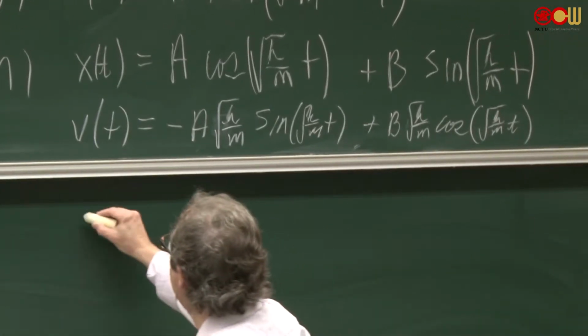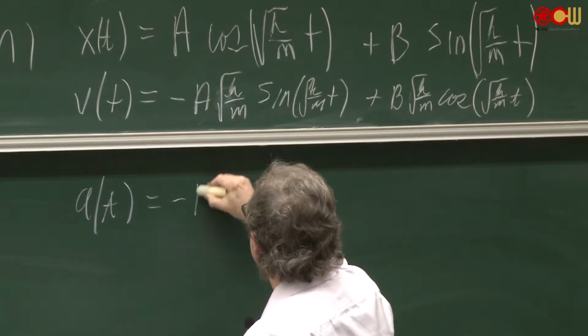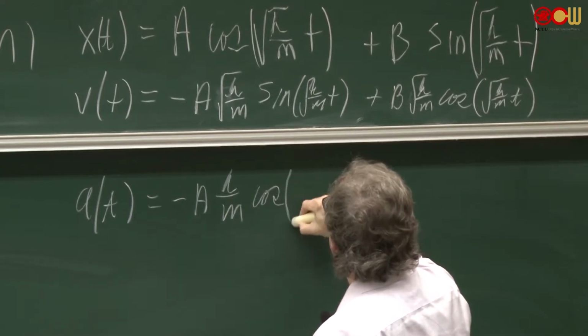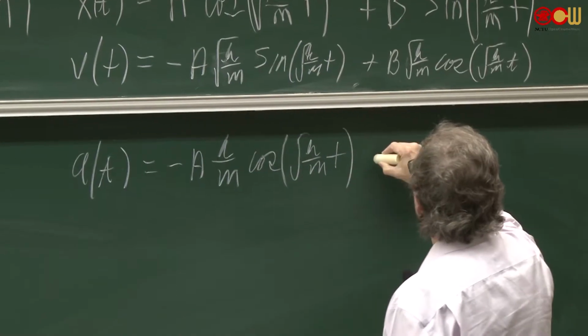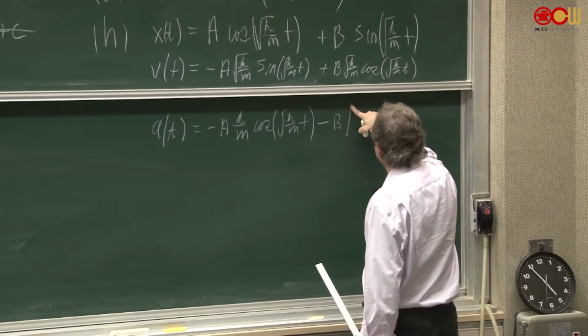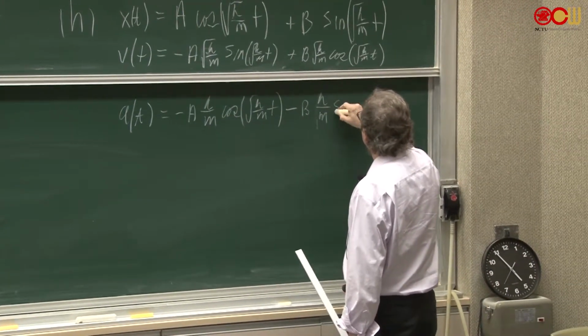All right, now I'm going to do a. Take another derivative, I get minus a k over m cosine of square root of k over m t, minus, because there's a cosine there, and I get another square root of k over m coming out.